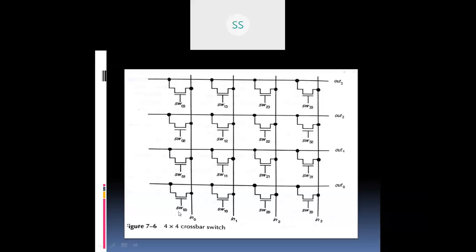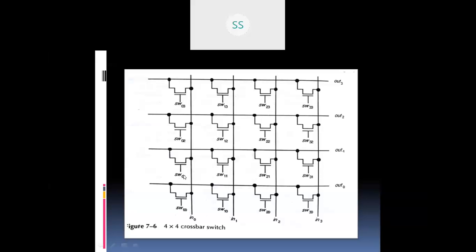Here, some terminology: SW00 means control signal 00. Why the two suffix digits 00? Because this relates IN 0 and out 0. So this is the control signal for the IN 0, out 0 line, and that's why it is named switch 00.